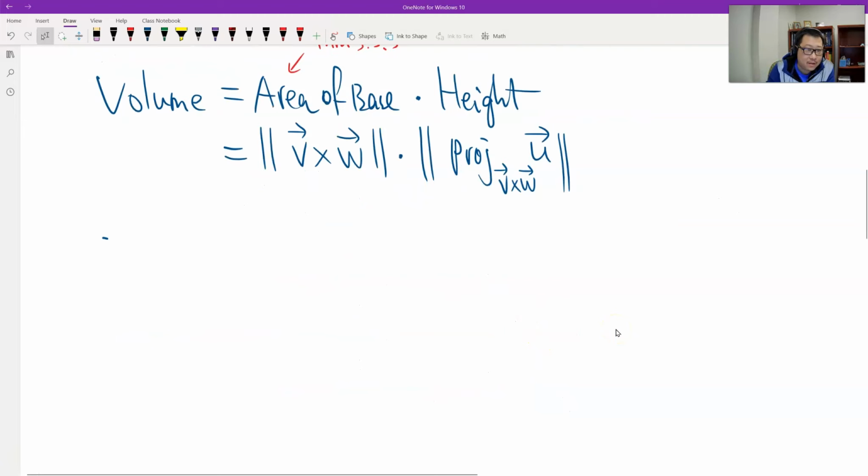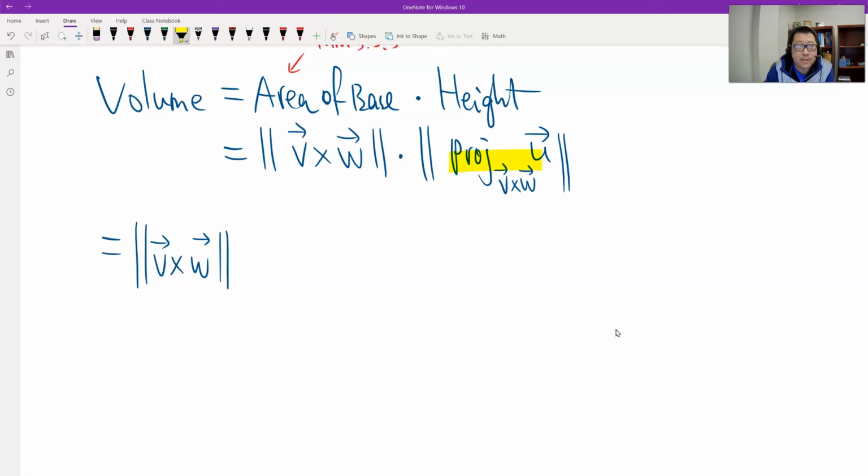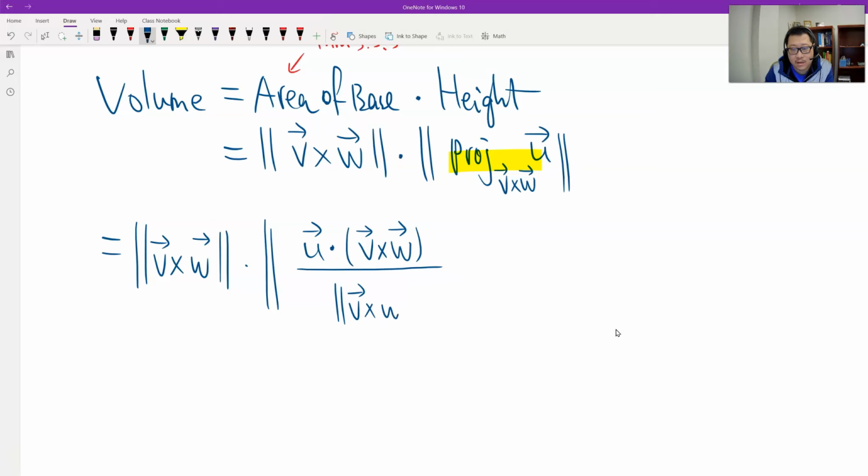So let's do calculation. So this equals first V cross W. What the projection? Okay. We learned the projection before, right? So I directly put. So the projection should be the dot product U dot V cross W, over the norm of V cross W, this is the direction squared.